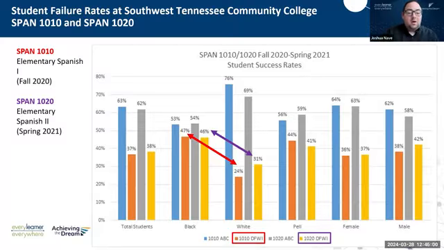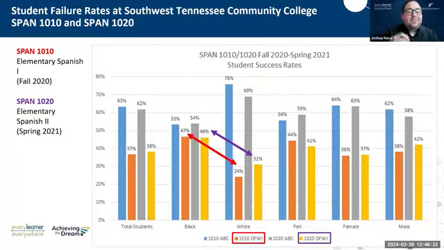And so when we saw, like you see on the screen there, from our Spanish 1010 students, the semester before we did our pilot, when you look at our Black students in comparison to our white students, these are failure rates. They say success rates, but they're actually failure rates.